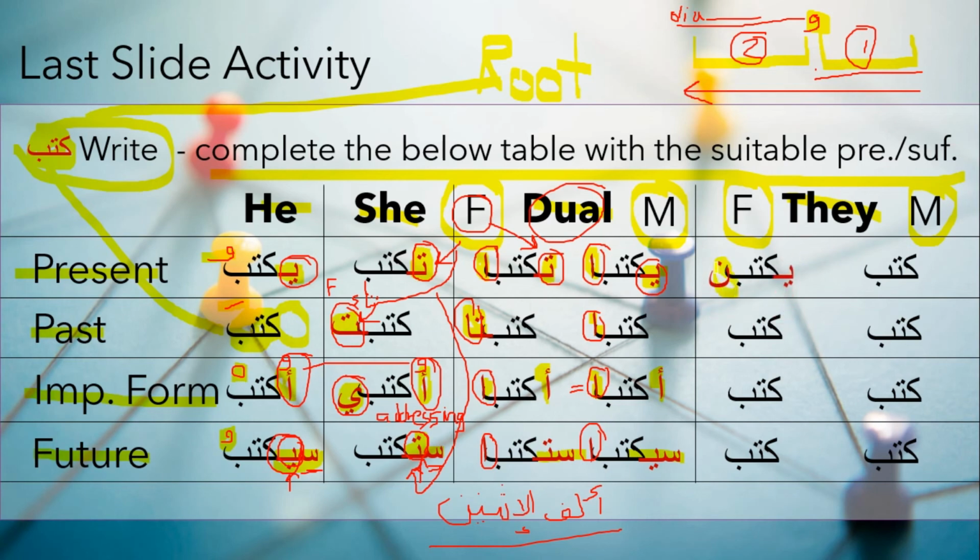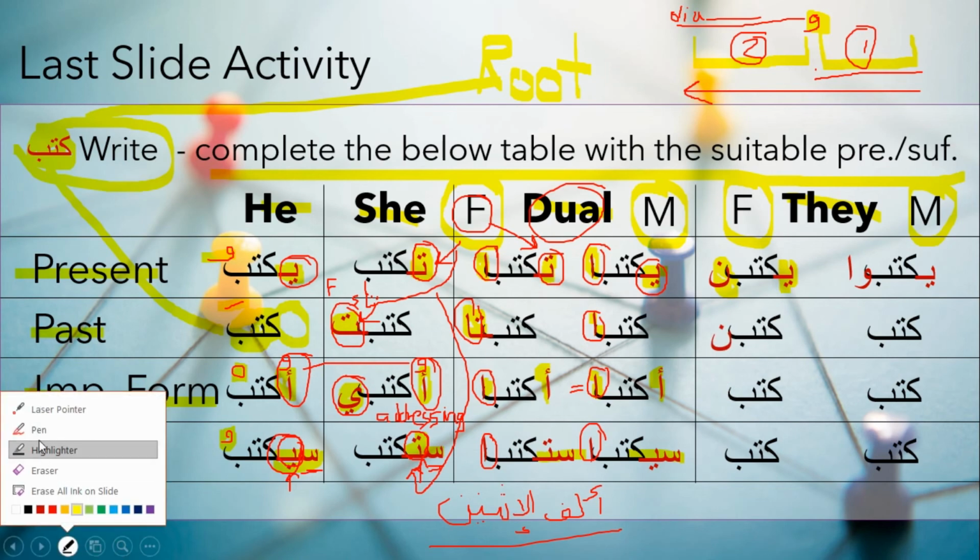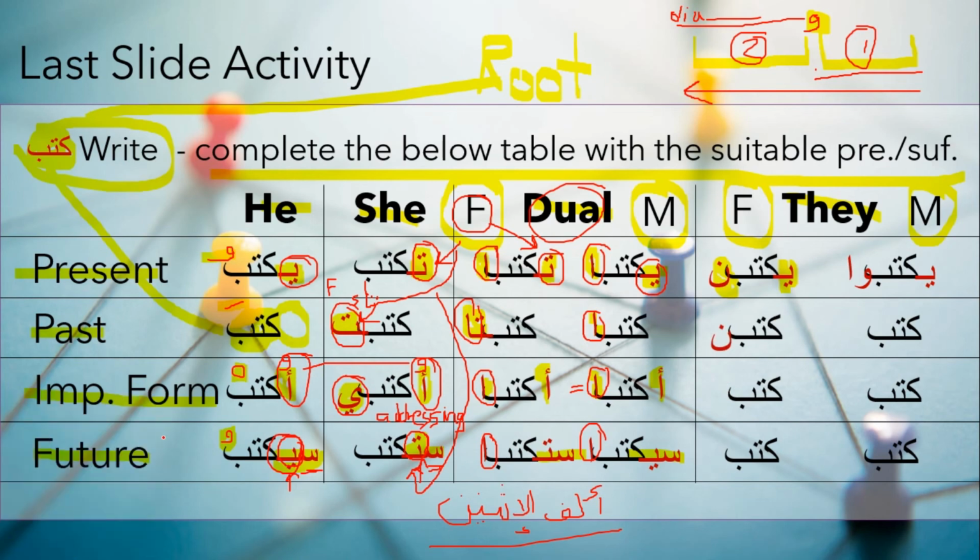Let's go to they. يكتبنا يكتبنا. Think about it. Why did I use the letter yeah here? Actually, يكتبنا here, we can use it if we are talking about a group of girls who are not in front of us, who are not present. Maybe they are in the class and I'm outside of the class and someone asked me what they are doing. I would say يكتبنا.